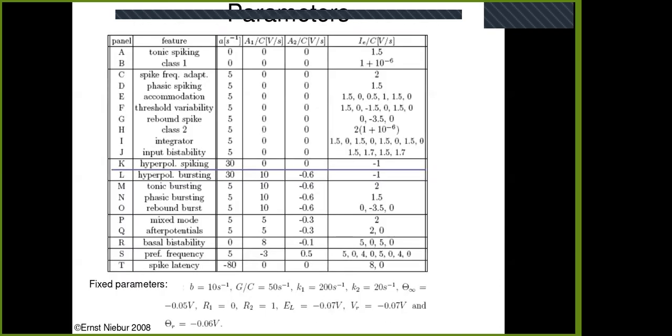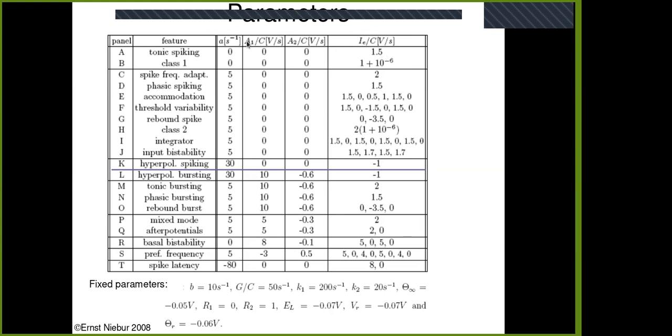So this is actually a table from the paper, a table of the parameters that we actually use. So A to T are the 20 different behaviors. These are the names, and as you can see, we have different currents. For example, for the first one we inject 1.5 in this unit, the second one a much smaller one, and so on.